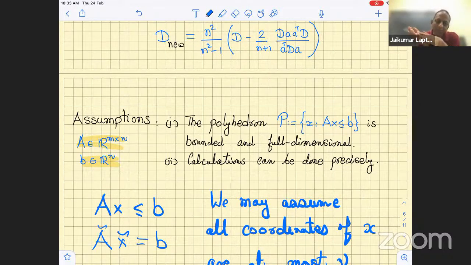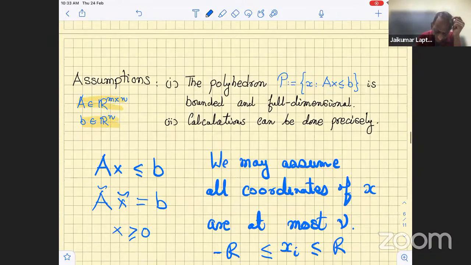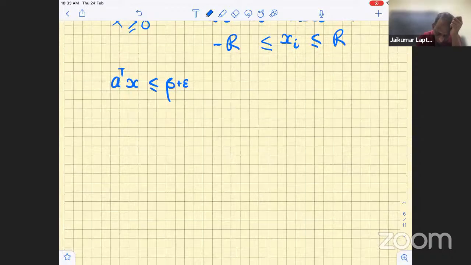But if the original polytope was empty, then the new polytope should also be empty. So we have to choose this epsilon.